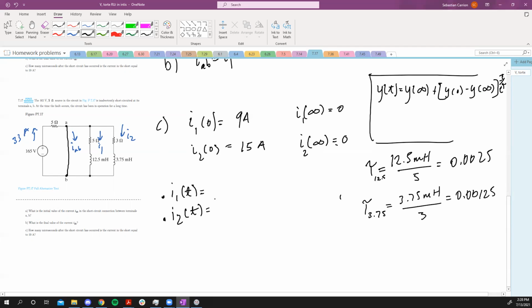Now that we have these values, I'm going to move this down here to get more space.